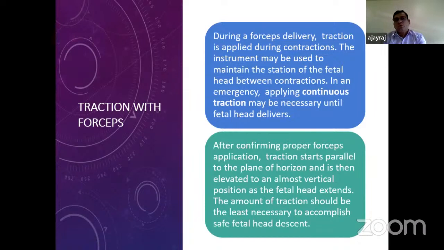First, we apply pressure in the horizontal direction, and then gradually toward the almost vertical position. We have to follow the axis of the birth canal, so we can have a safe fetal head descent.